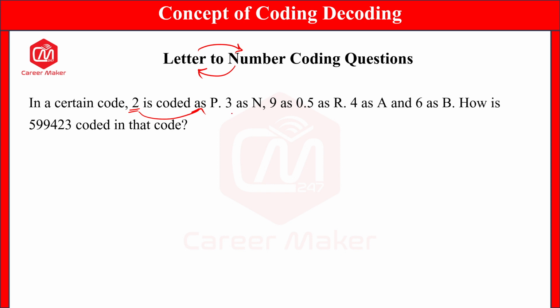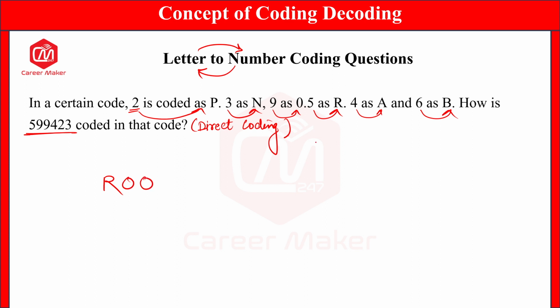Like 2 is written as P, 3 as N, 9 as O, 5 as R, 4 as A, 6 as B. Then what will be the code of these numbers? So it's direct substitution. That is called direct coding also. Means 5 will be written as R. 9 will be written as O. 4 will be written as A. 2 will be written as P. And 3 will be written as N. So that will be your code.